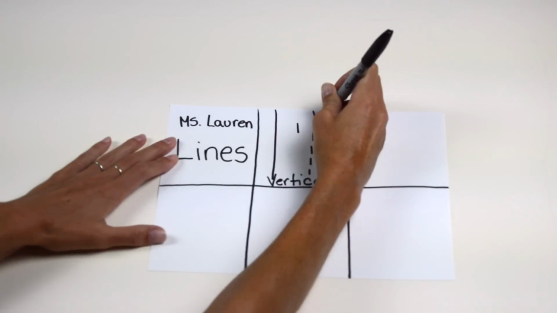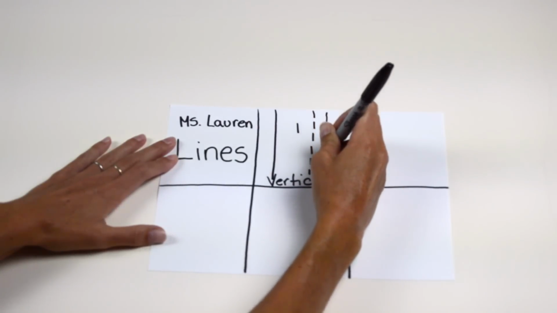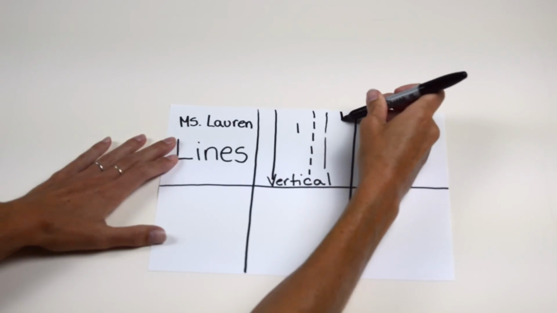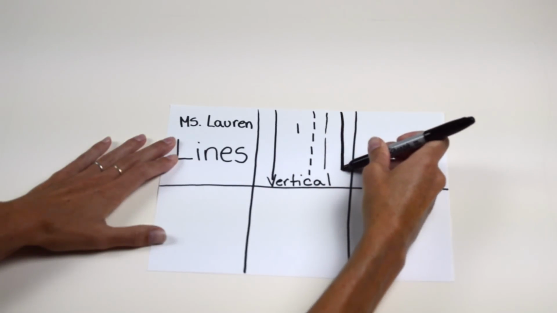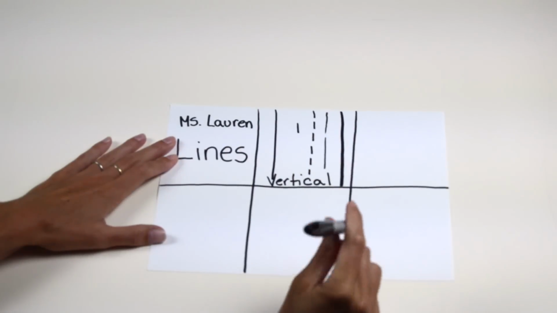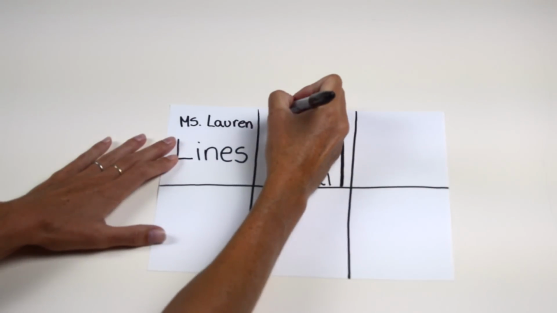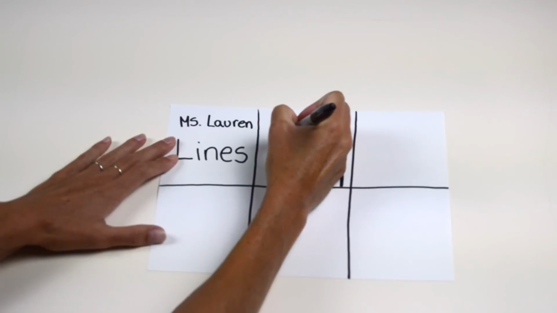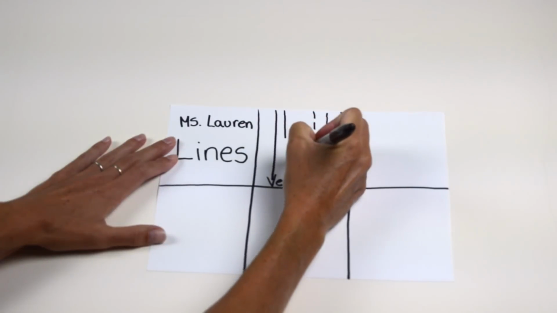It can be thin, and it can be fat or bold. So go ahead and practice vertical lines in this first box, all different types. Up and down.